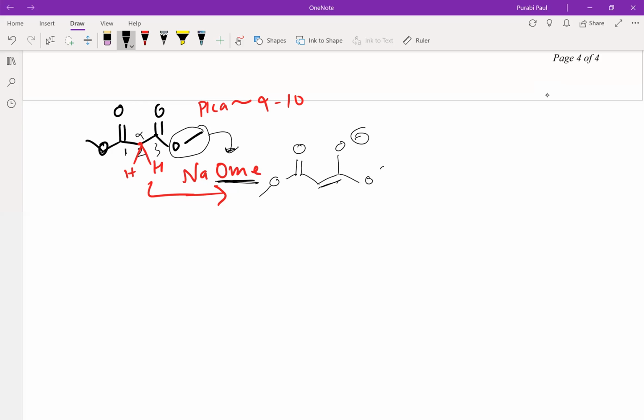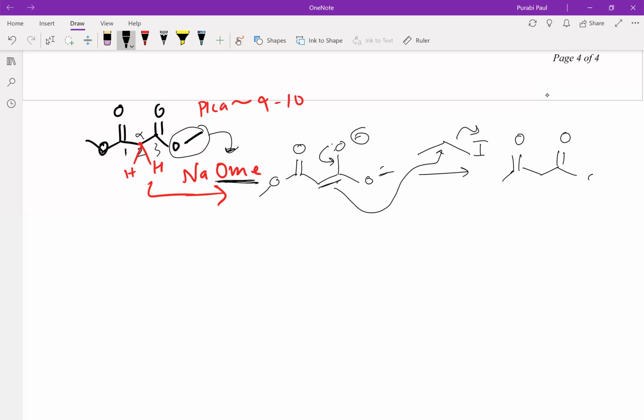Okay, so after you form the enolate, you want to do chemistry with it. So the most common chemistry is enolate alkylation, right? So let's say you add this one. What's going to happen is you push the arrows and you're going to alkylate this, right?